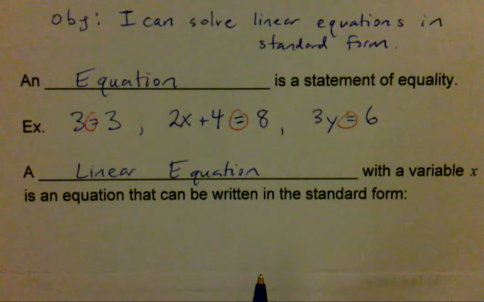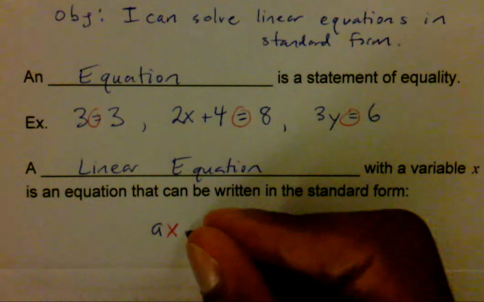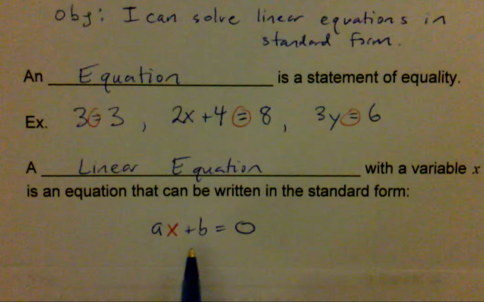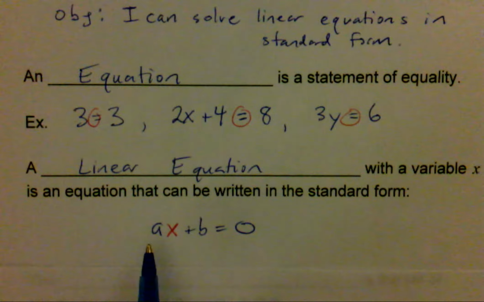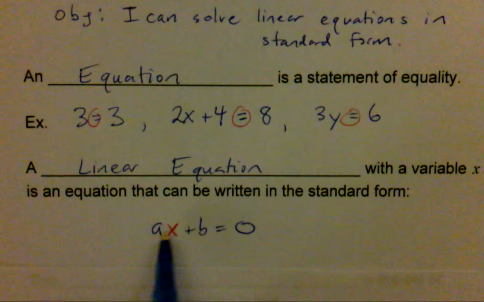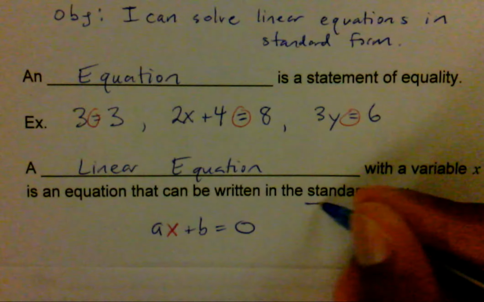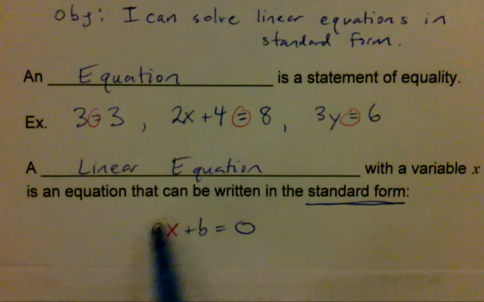That form looks like ax plus b equals 0, where a and b are real numbers and x is our variable. Whenever we have an equation that can be written in the form ax plus b equals 0, we say that equation is written in standard form. And here we have a linear equation with a variable x.